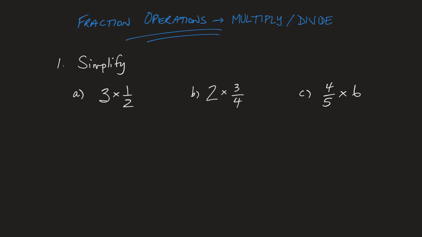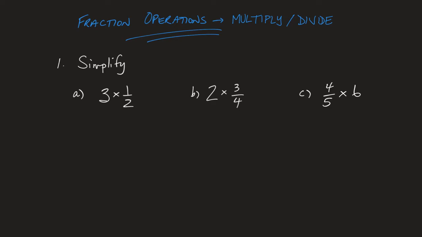I want you to make sure that you get down the instruction, that our action today is going to be to simplify. And question A, we've got our 3 times 1/2. Now, when we go through that process, I'm going to bet that a bunch of people have remembered an algorithm that to multiply fractions means you multiply straight across.